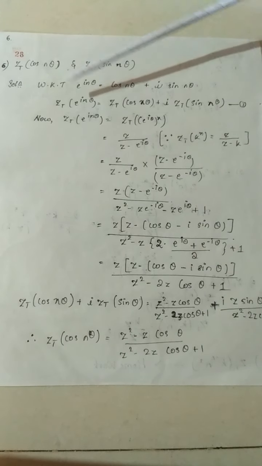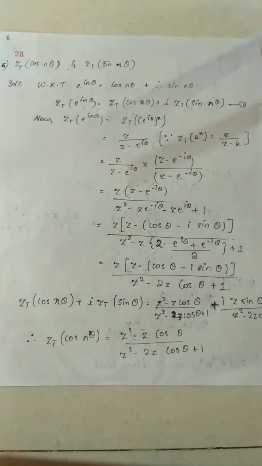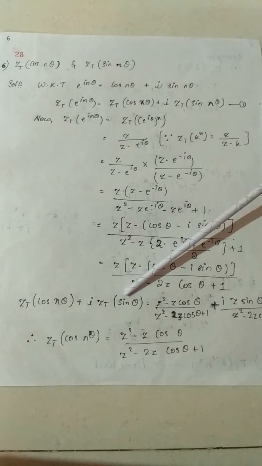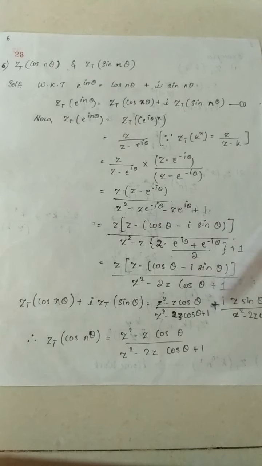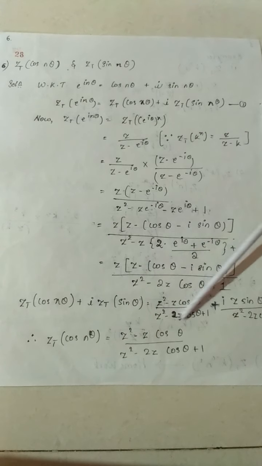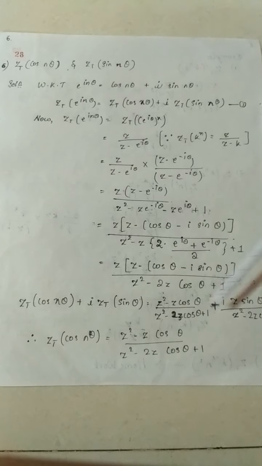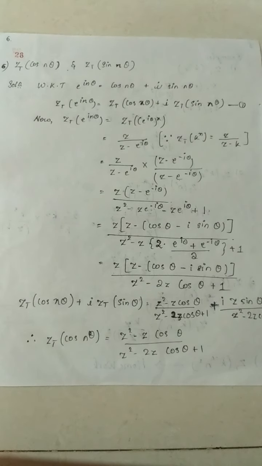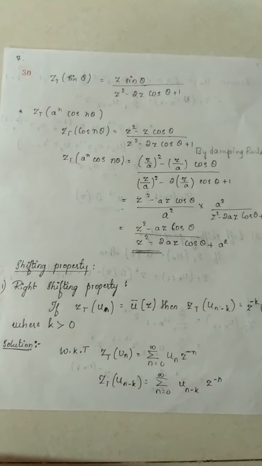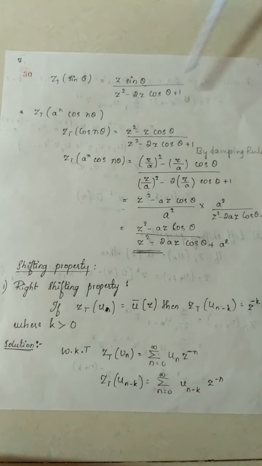So now here left hand side we have written Z transform of e raised to i n theta. e raised to i n theta is nothing but cos n theta plus i sin n theta. So now separate real and imaginary parts. Z transform of cos n theta is this, that is real part. Z transform of sin n theta is the imaginary part. Similarly, Z transform of sin n theta is z sin theta upon this.